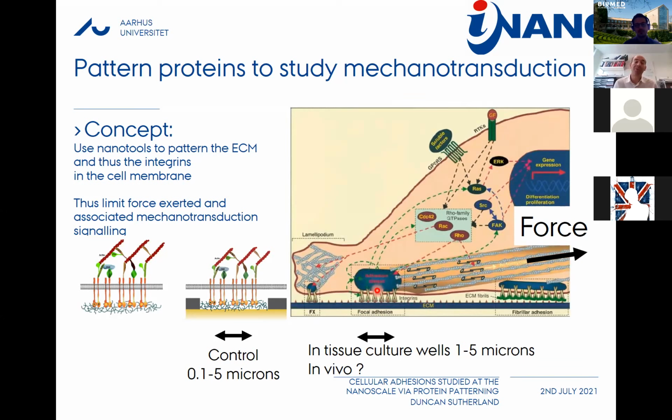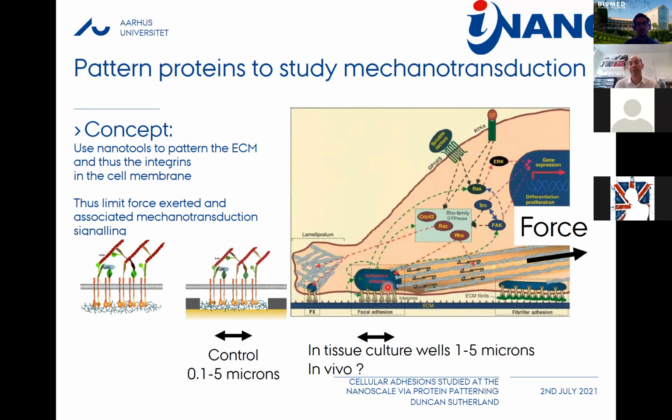What's also interesting to note is that we have this hypothesis that the amount of force that a cell could exert would be related to how big this adhesion was. And what's relevant here to know is that in tissue culture wells, these adhesions are typically very large, and the cytoskeleton that forms the actin filaments are very fine and large. But that's rather different if you go into a 3D culture system.